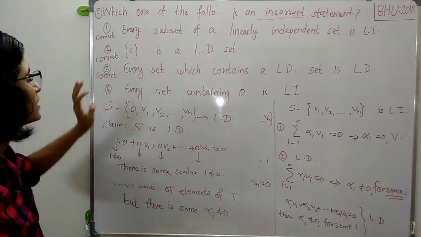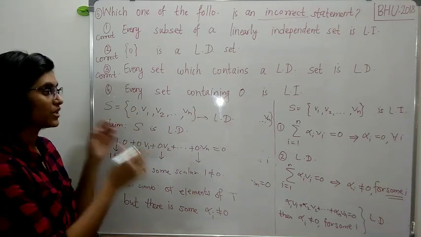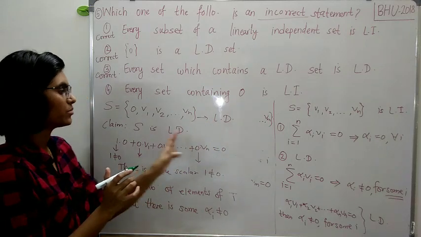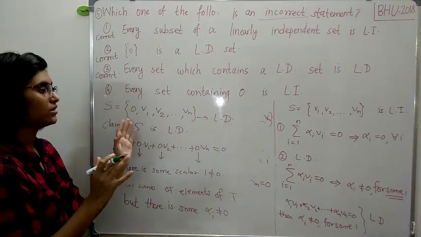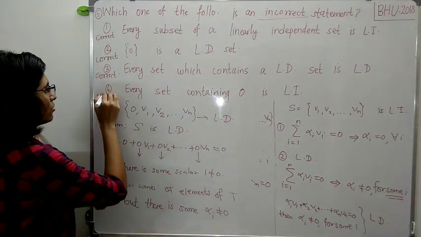So if we have any set which contains 0, then it becomes a linearly dependent set. It is very important, you just remember this. If you have any set which contains the 0 vector, then it becomes a linearly dependent set. So this is not correct, it is incorrect.